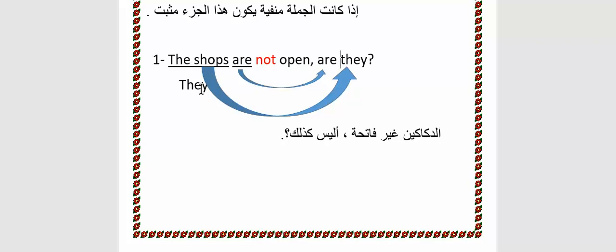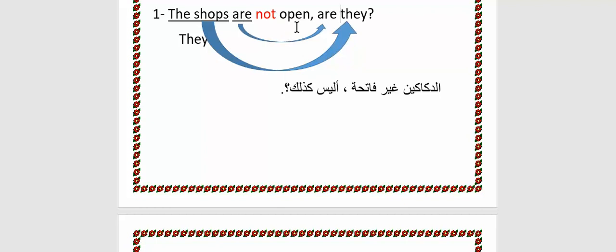The shops takes they are, and here we put in the opposite way the helping verb, then the pronoun, then a question mark. معناها بالعربي أليس كذلك. The shops are not open, are they? So tag questions are sentences, then commas, then helping verbs with pronouns.